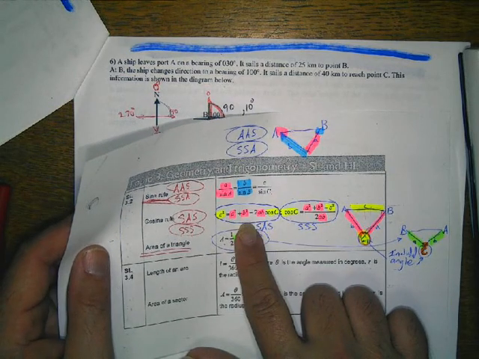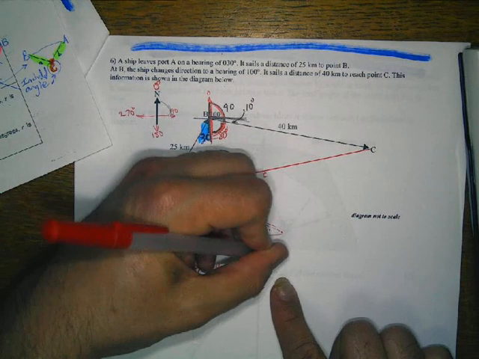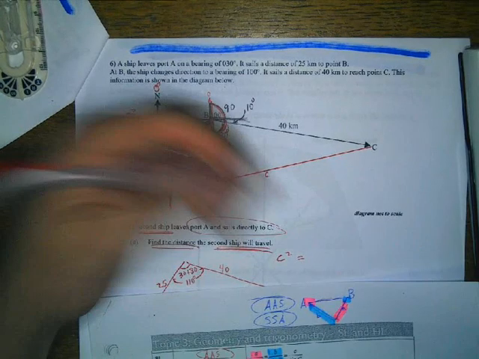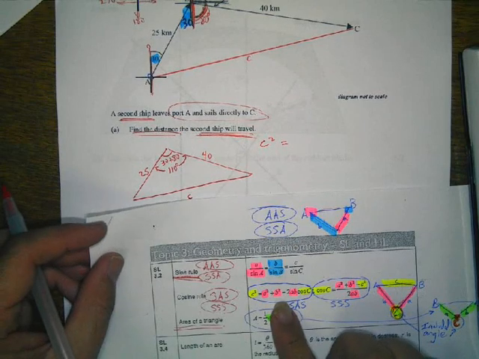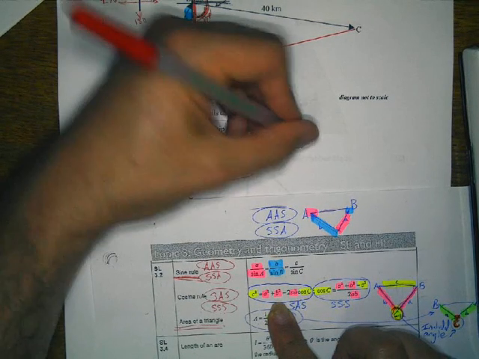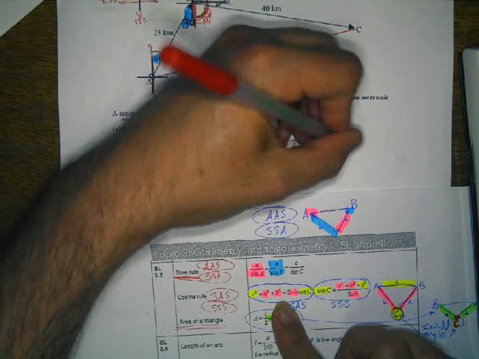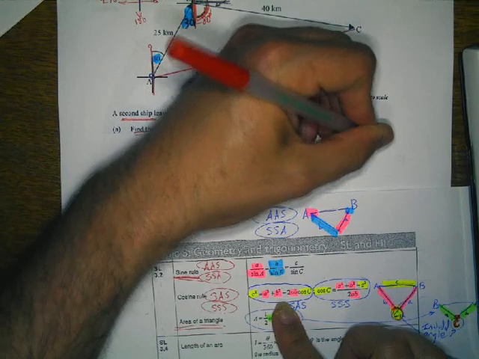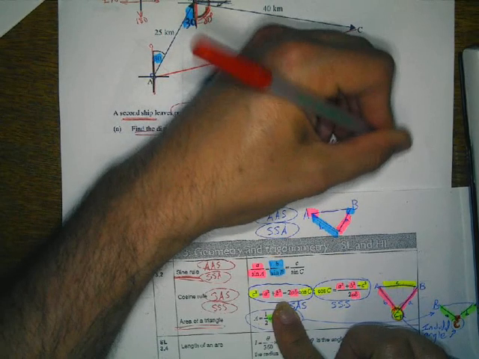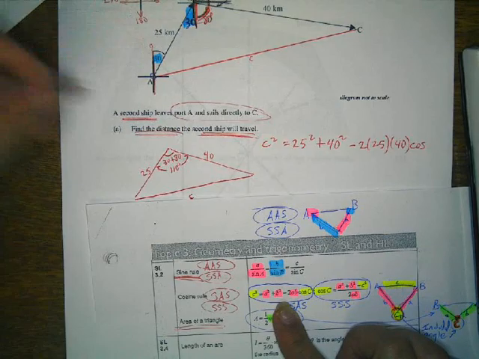So now I'm going to do C squared equals 25 squared plus 40 squared minus 2 times 25 times 40 cosine 110.